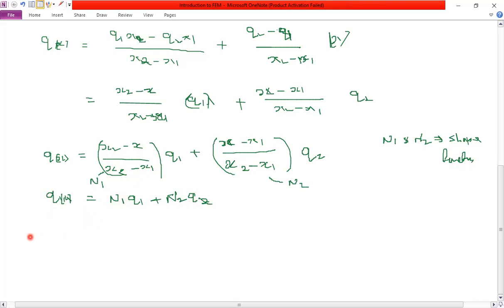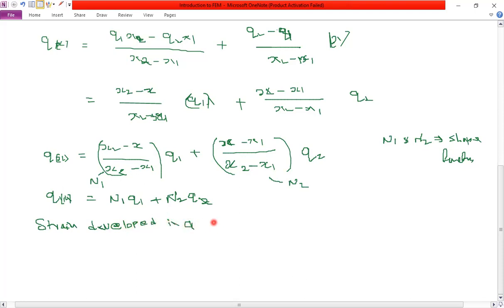Now let us try to define the strain developed. What is the strain developed in a bar element?